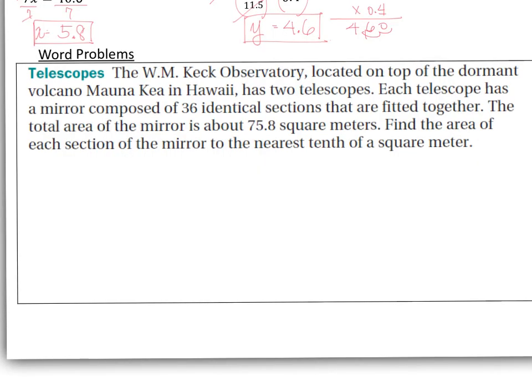Telescopes. The W.M. Keck Observatory, located on top of the dormant volcano Mauna Kea in Hawaii, has 2 telescopes. Each telescope has a mirror composed of 36 identical sections. So you can draw a telescope.